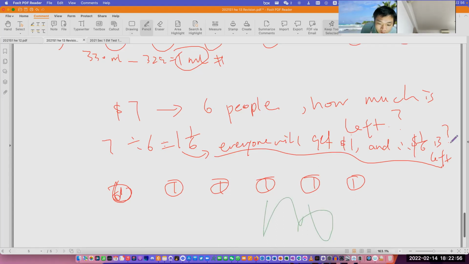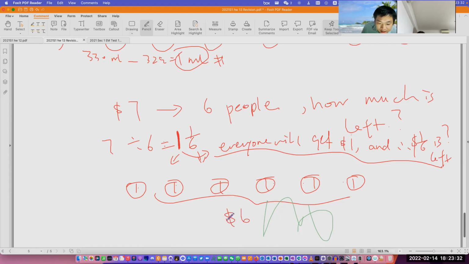The way to do this question is, once you see this whole number, you don't try to split it into this is $1 and this is $1.06. No, don't look at it this way. You should just focus on $1 being distributed to everybody. So 1, 2, 3, 4, 5, 6. Once you have distributed $1 to 6 people, you have used up $6.